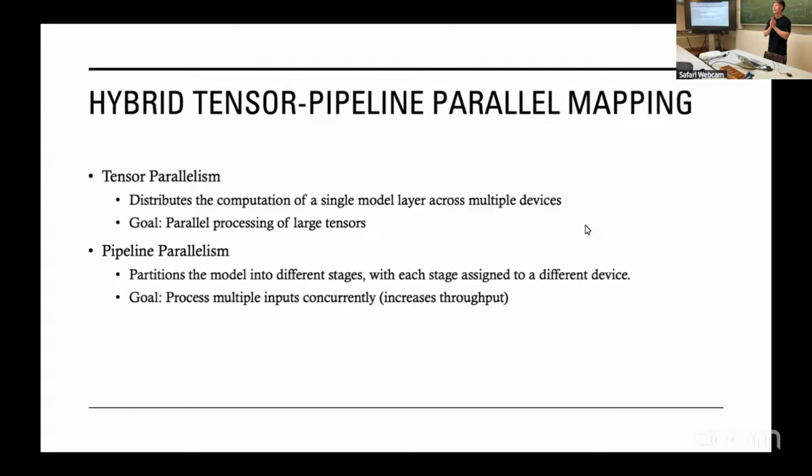The first one is tensor parallelism, where we can split a tensor, a large array, and distribute it across multiple devices for the goal of parallel processing of large tensors. And afterwards, it also has pipeline parallelism, where we can partition the model into different stages, and each stage is assigned to a different device, such that we can increase the throughput because we can process multiple inputs concurrently.